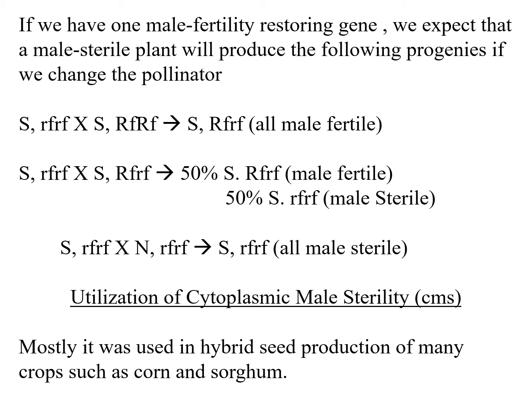The second question that we want to answer now is how and when the breeders utilize cytoplasmic male sterility. Most of the uses of cytoplasmic male sterility were in producing hybrid seeds, and most of the crops they used it for were corn and sorghum, to produce hybrids of these plants.